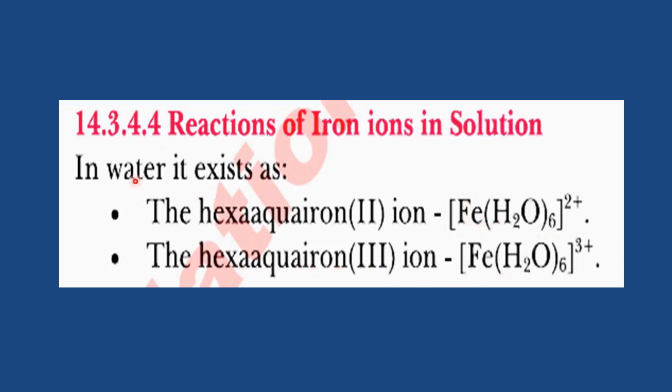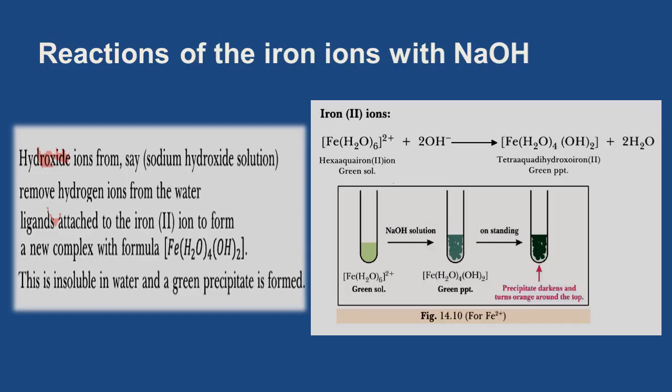Now students, let us study the reactions of iron ions when they are present in solution as complexes with bases like sodium hydroxide. Hydroxide ions, say if we are taking sodium hydroxide solution, remove hydrogen ions from water ligands.